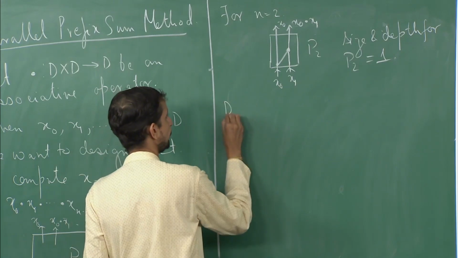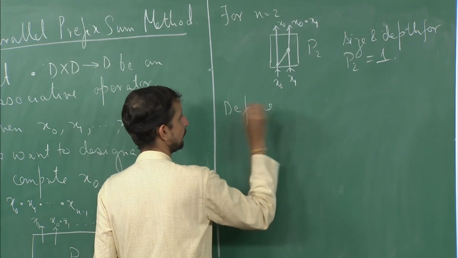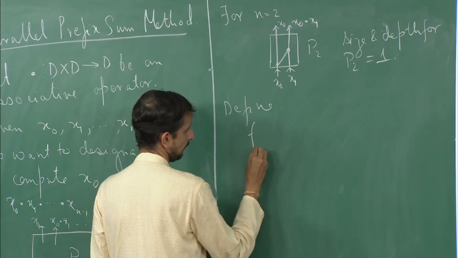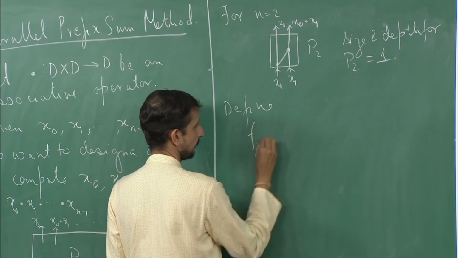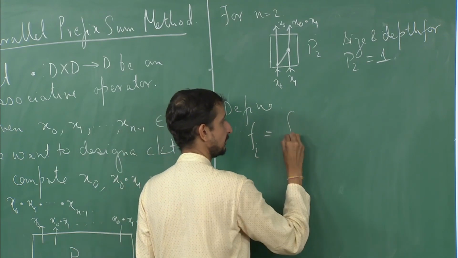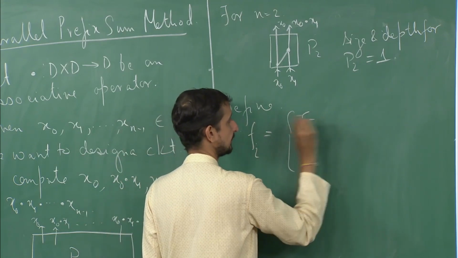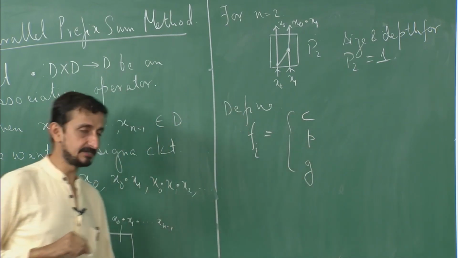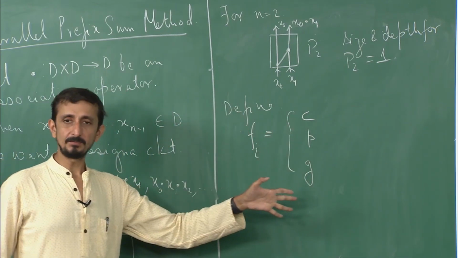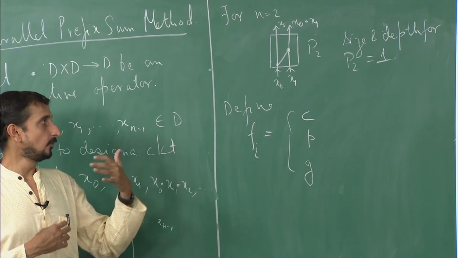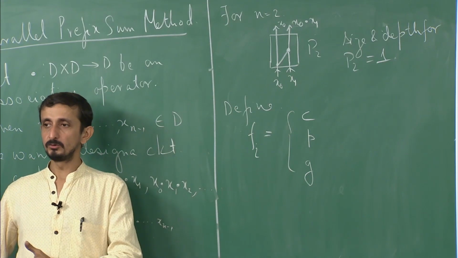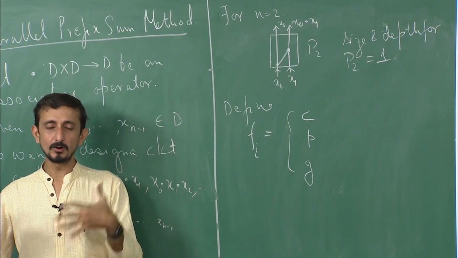Now, we define something. We will define a function, let us call it f of i, which is equal to C, P or G. Now we try to relate this operator to our original problem, the addition problem.